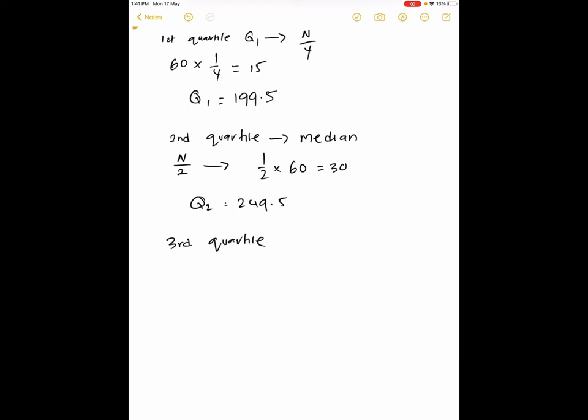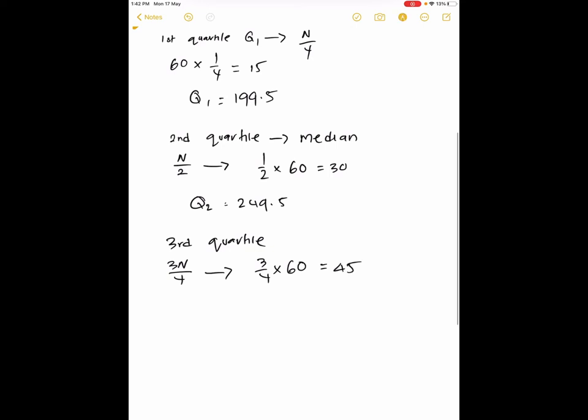Then the last one is the third quartile, represented by the formula 3n over 4, which is 3 over 4 multiplied by the cumulative frequency, and we get the value of 45.